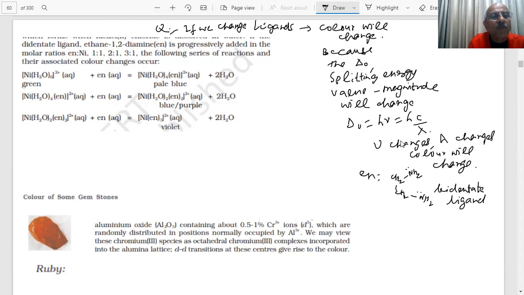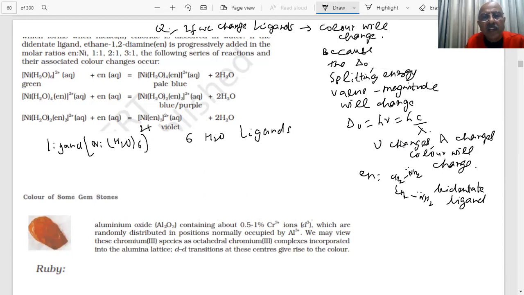The water is replaced by the ligand ethylene diamine. In the first case you have 6 H2O ligands. This is green in color. And you add ethylene diamine 1:1, then what does it form?